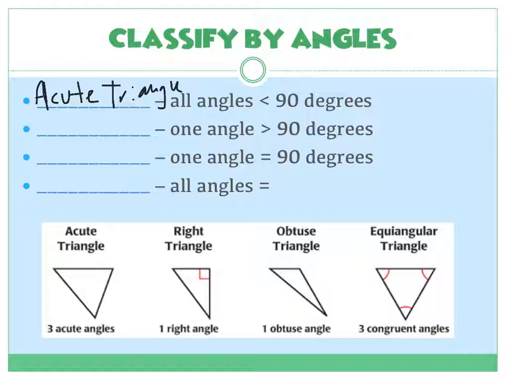A triangle that has one angle that's greater than 90 degrees is an obtuse triangle. A triangle that has one angle that's equal to 90 degrees is a right triangle.